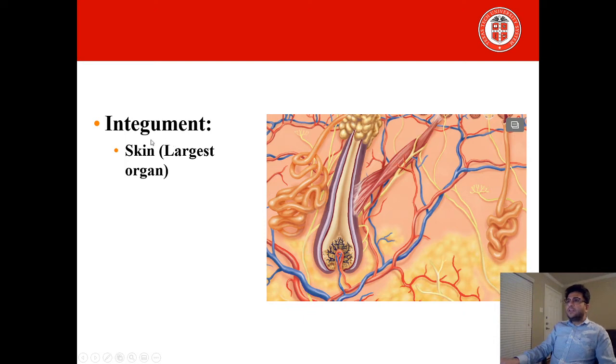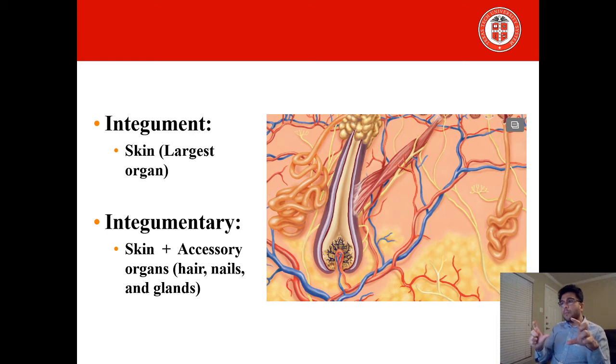Now, the first thing is that integument means skin. This is just a trivia: skin is the largest organ in our body. Once we think about organs, we think, okay, we have liver, we have stomach, we have spleen, but skin is actually an organ because it covers our body, and technically it is the largest organ of our body.